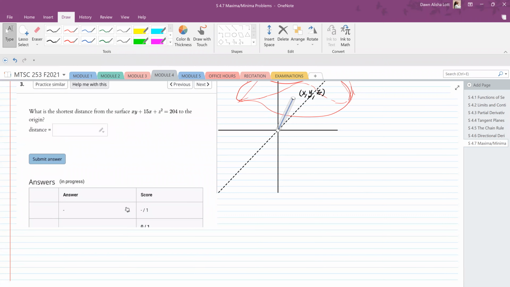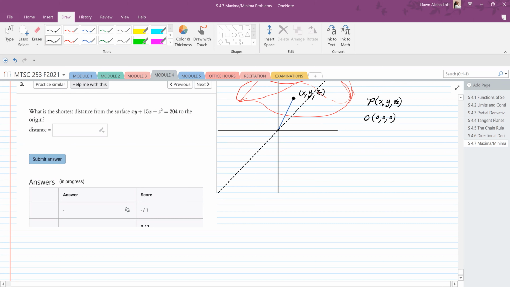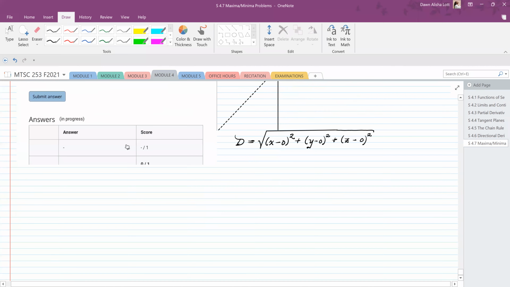So we need the distance from the point P being (X, Y, Z) to the origin being (0, 0, 0). So the distance formula is the square root of (X minus 0) squared plus (Y minus 0) squared plus (Z minus 0) squared. Okay, so that's the distance.